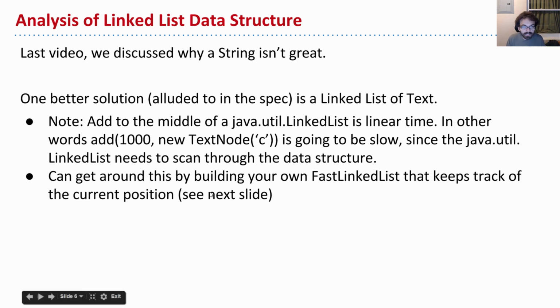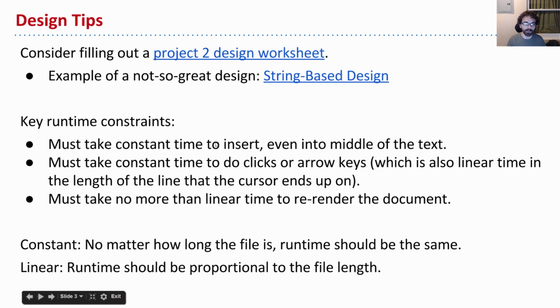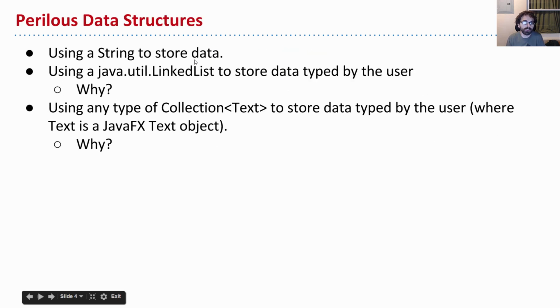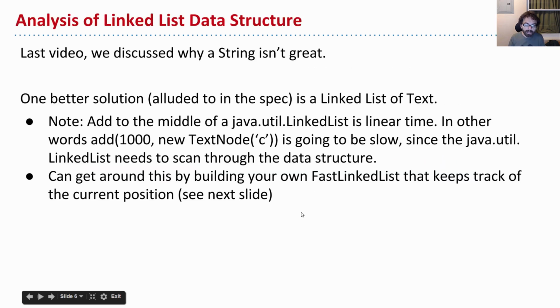We did discuss how a plain old linked list wouldn't necessarily be fast, or at least I posed the question here. Using a Java util linked list wouldn't necessarily be great, and that's because of the add operation in a linked list. You guys know how linked lists work, right? You've written one in the linked list deck, and you know that inserting to some random position in the middle is going to be relatively slow. If I have a list of a million items and I want to insert in the middle, I'm going to have to scan my way through.